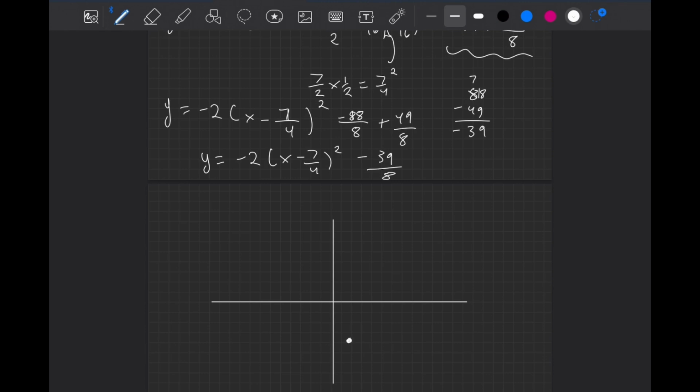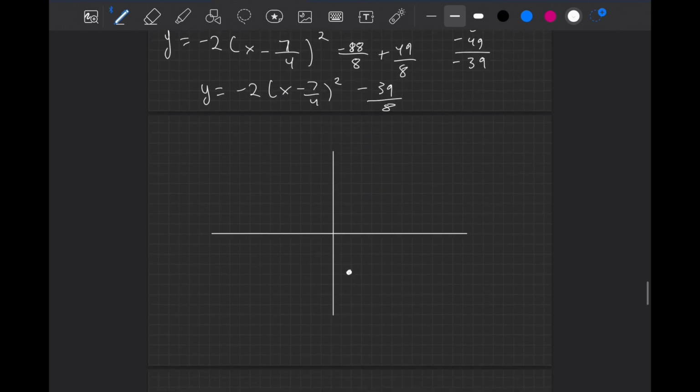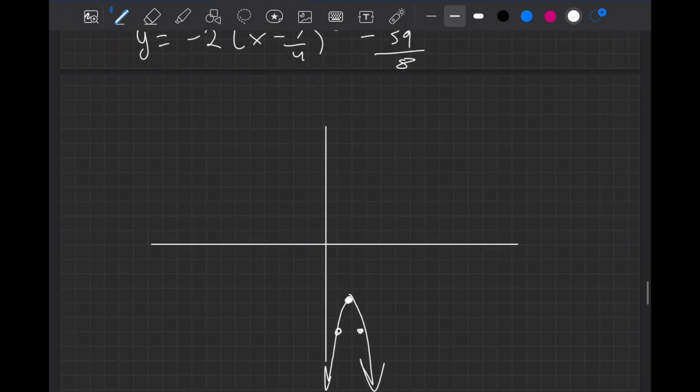So roughly something like here. And then it's -2, so it's going to go down. And then left or right 1, down 2, left or right 2, down 8, because of a stretch of -2. Okay, perfect.